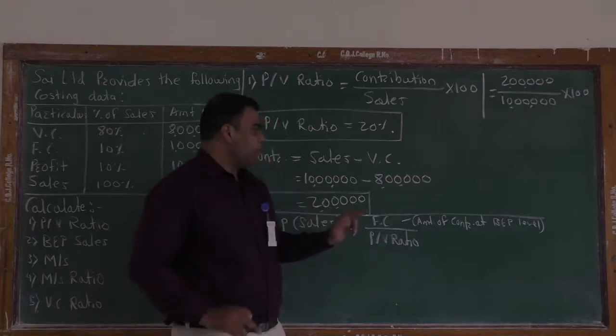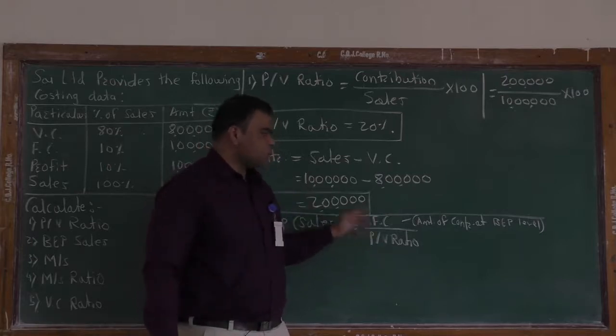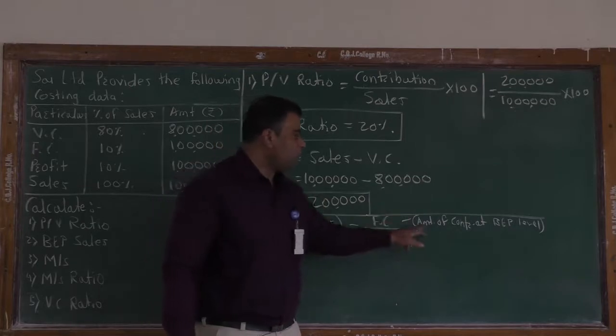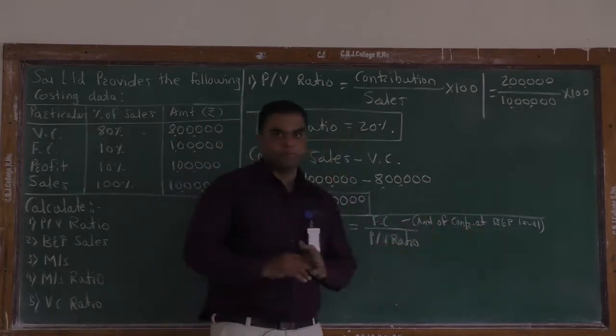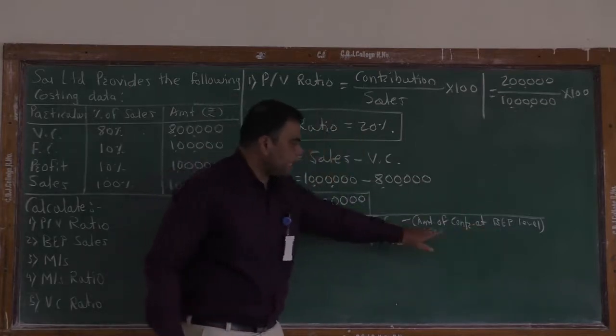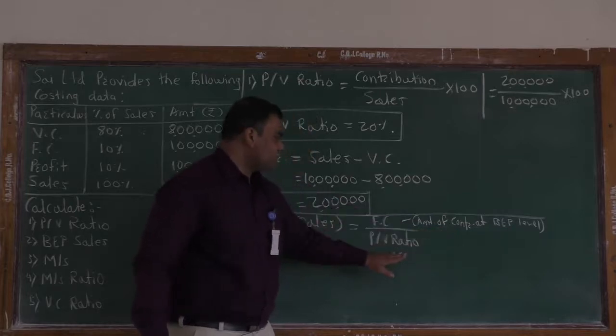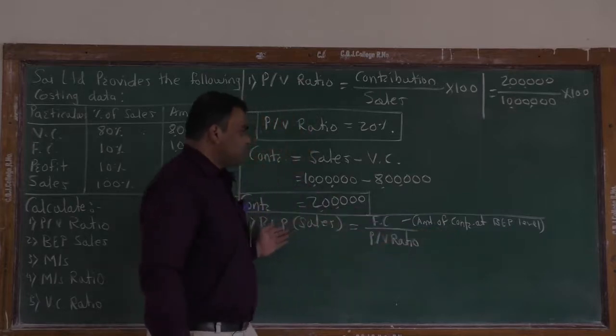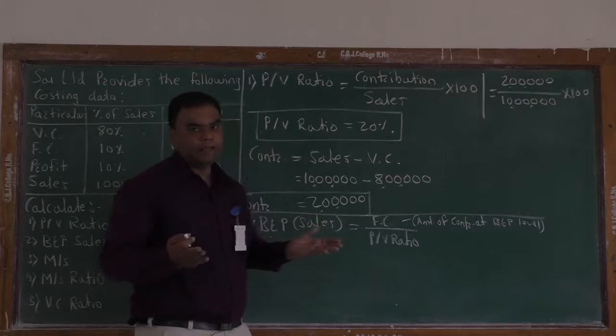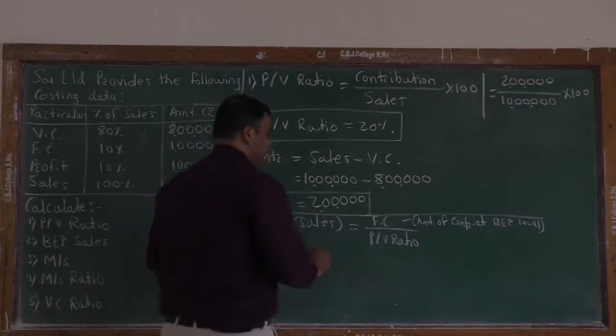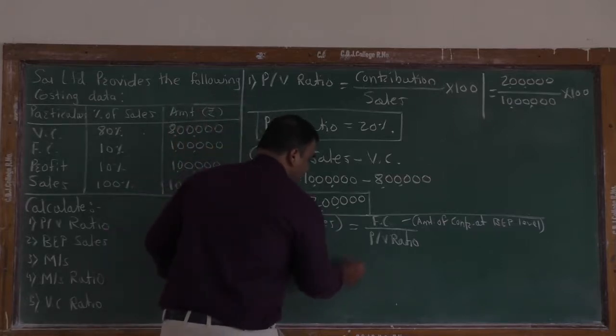That's why we have taken the amount of fixed cost as the amount of contribution at BEP level. So contribution at BEP level upon contribution ratio is equal to sales at BEP level. In that way we can calculate the BEP sales.